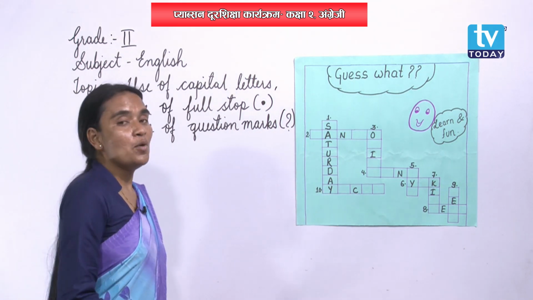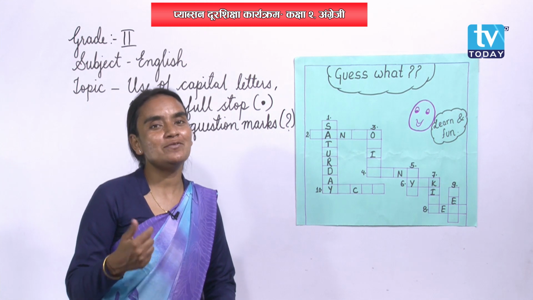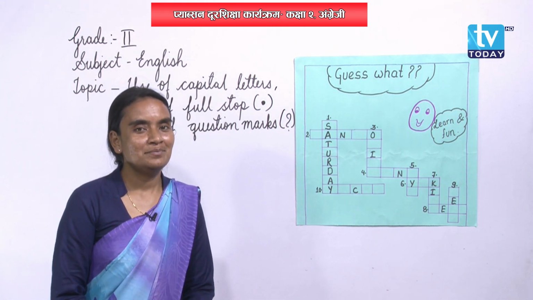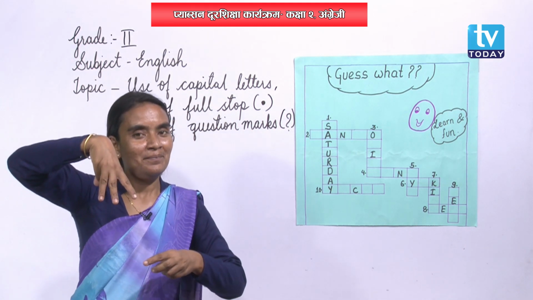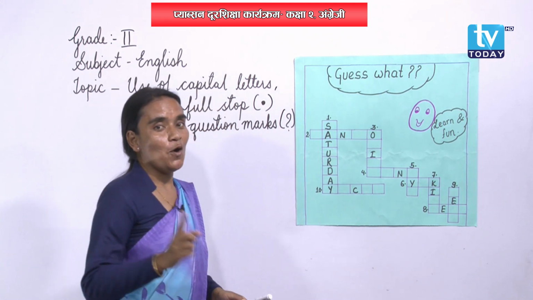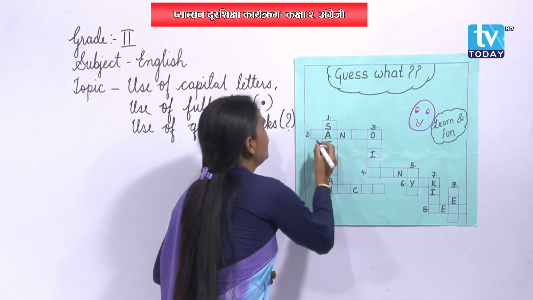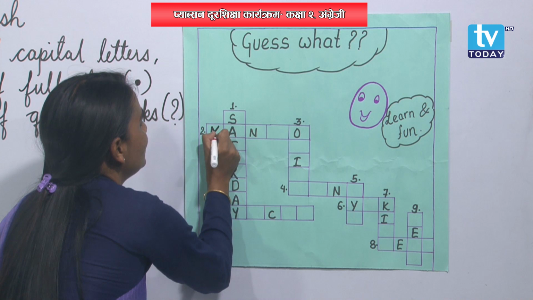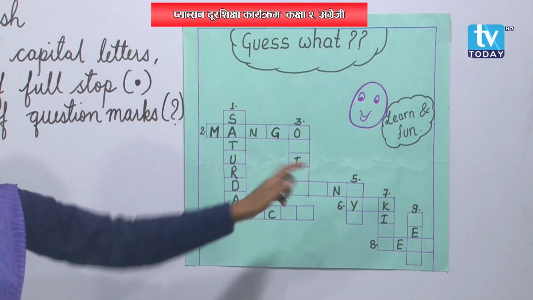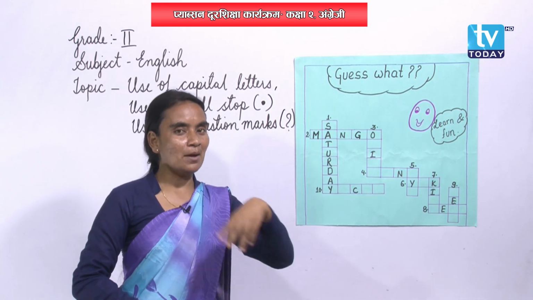For more hints, I will give you the initial letter of that fruit, that is M. So, the word here we have to use is mango. M-A-N-G-O, mango. 2 words we have completed.